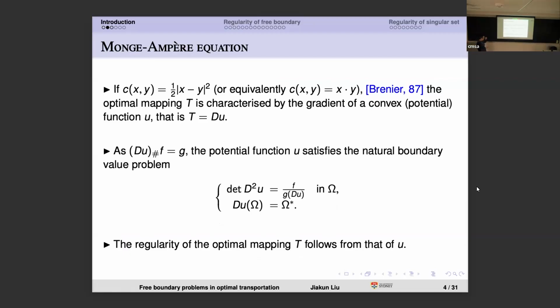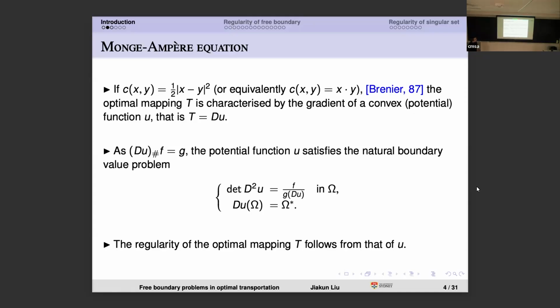So therefore, by using the change of variable formula, we can calculate the Jacobian of this gradient. The Jacobian of the gradient is exactly the determinant of the Hessian. That's why we end up with a Monge-Ampère equation. So the PDE is determinant D²U equals F over G. That's just a change of variable.